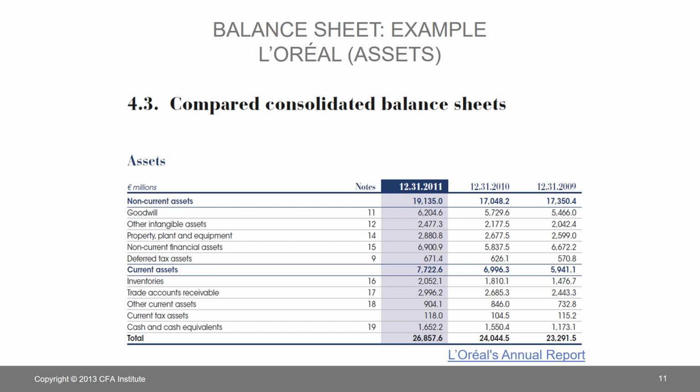Also, like Colgate and different from Henkel, it presents the most recent year in the leftmost column. Like Colgate and different from Henkel, it presents the older year 2010 to the left of the more recent year 2011. And finally, it supplies the number of the relevant footnote on the face of the balance sheet, so similar to Henkel and different from Colgate.